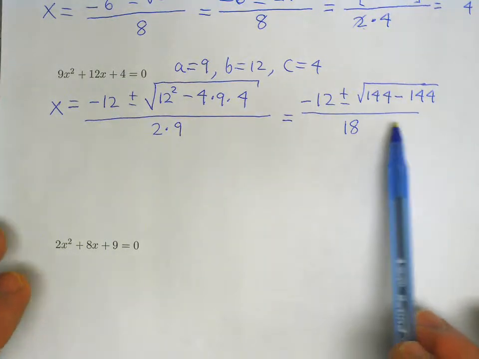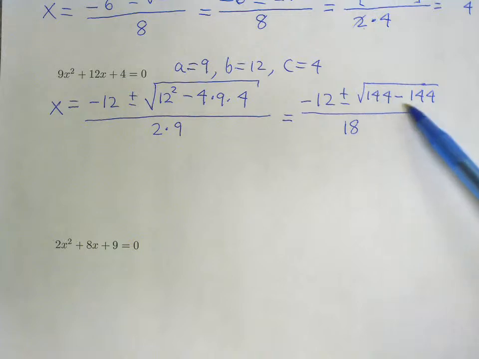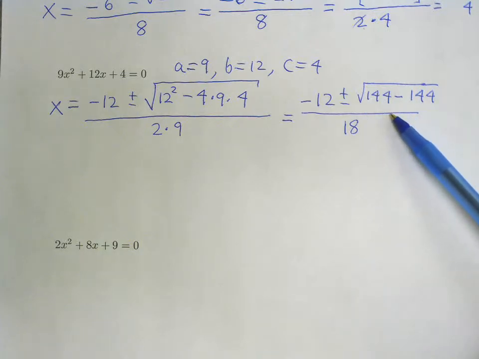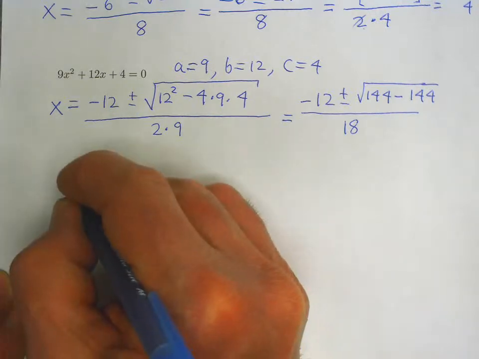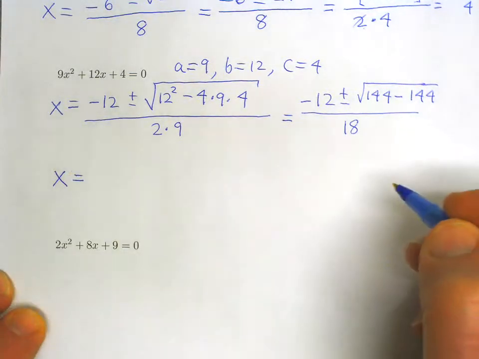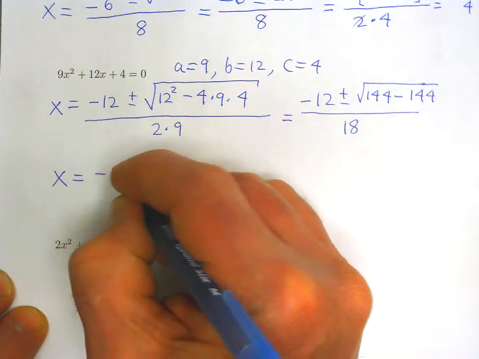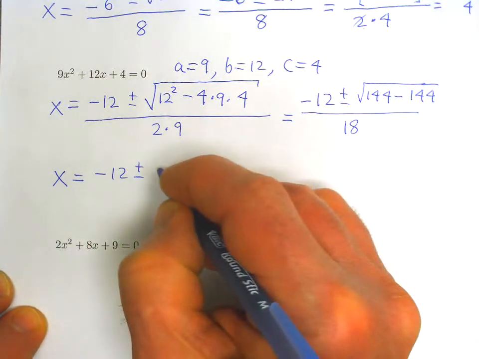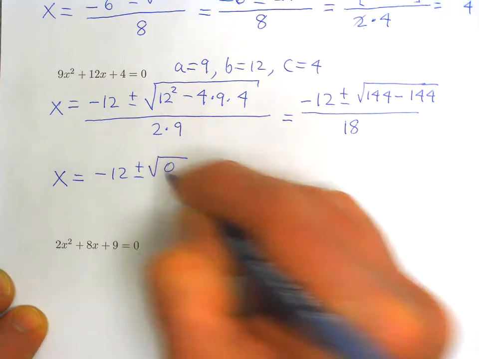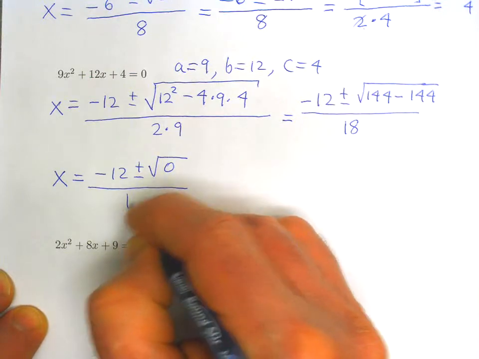Okay, so that means the discriminant is 0, and when the discriminant is 0, there's just one repeated solution. So we get x equals -12 plus and minus the square root of 0 divided by 18.